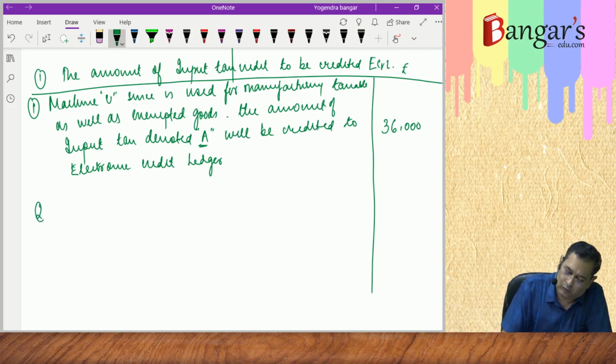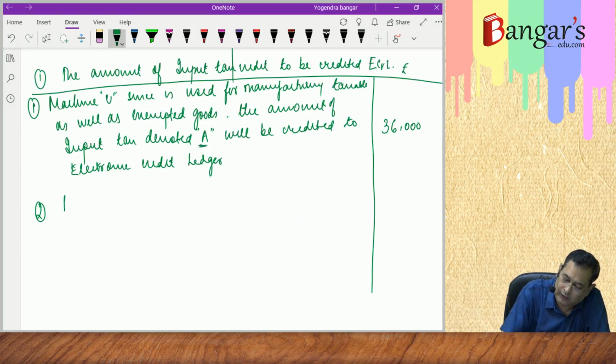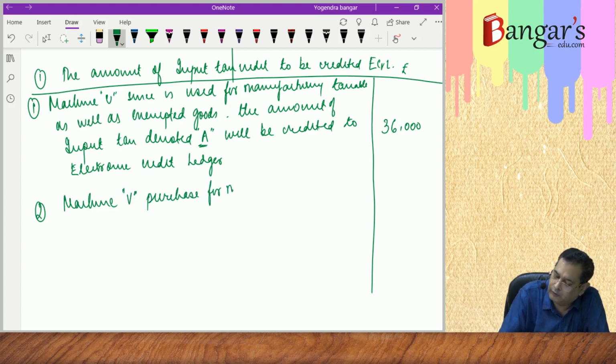Number 2, machine V, purchased on 1st October, being used for product alpha and gamma. So machine V, purchased for manufacturing taxable goods.